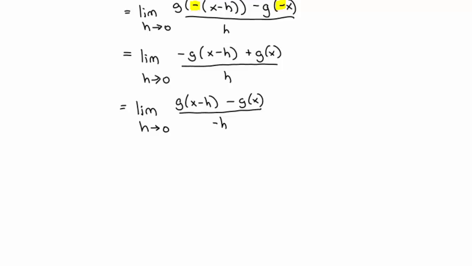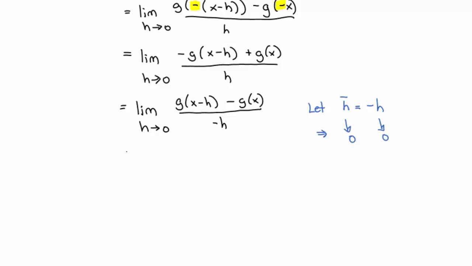So I'm going to do the same trick that I did before. I'm going to let h bar equal the opposite of h, which will imply that as h goes to 0, h bar will go to 0. And wherever I see a negative h, I get to replace it with an h bar. I wrote that as a vector. Sorry about that. There we go.